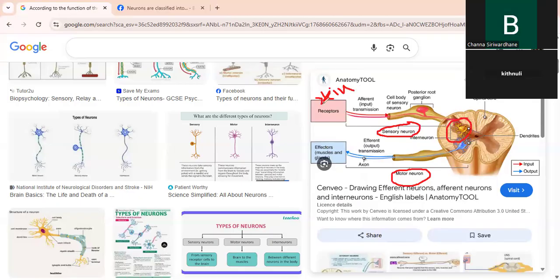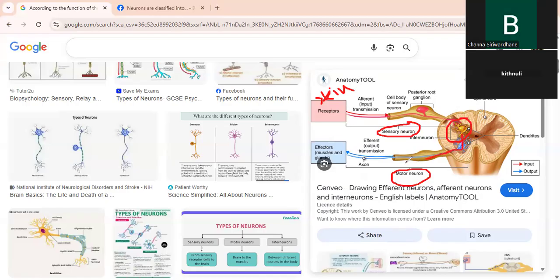Now, it will receive the impulses. Input transmission goes through the sensory neuron, and those signals will pass to the what? Interneuron, and it will go to the what? Motor neuron.